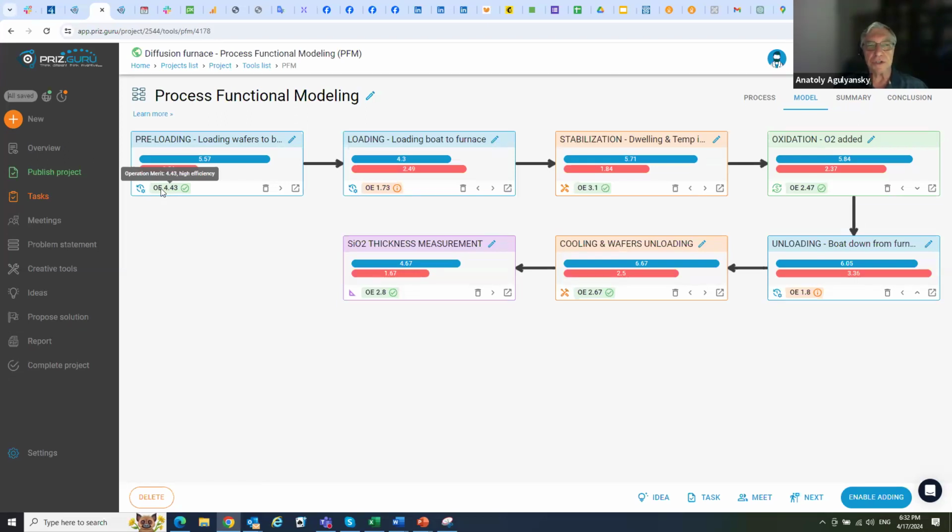This is a ratio of functional and problematic rank. And if it's above 2, it's green. If it's below 2, it's red. You see what's interesting? These two, loading and unloading, are red.